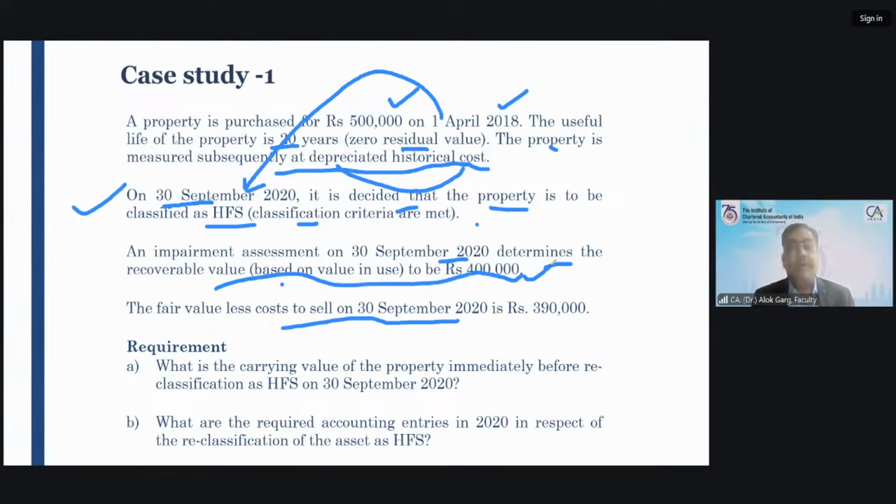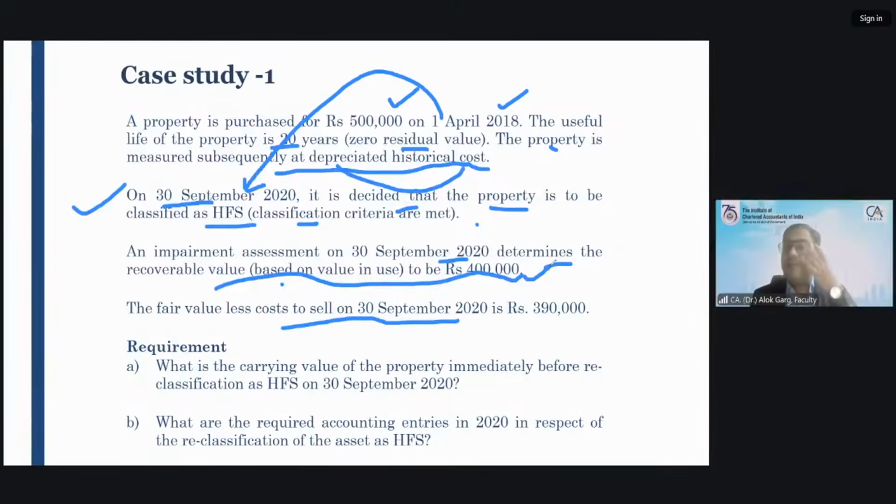But when the value of the asset is increasing, you are not going to take that increase unless you are on a revaluation model, or you only take the increase to the extent of past impairment losses. Means if your value becomes less than cost, you will take it. But if your value becomes more than cost, then you will take it only if you have opted for the revaluation model. Otherwise, the answer is no.